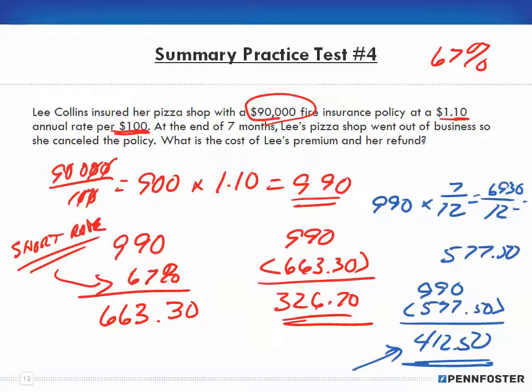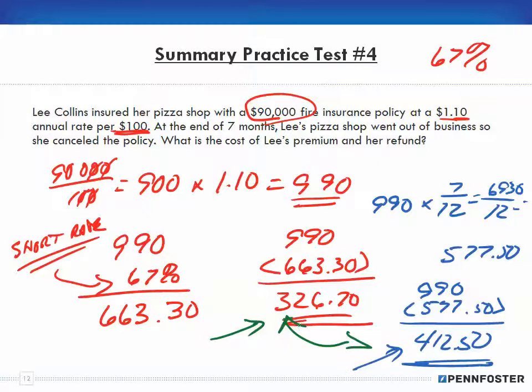Okay, so in this case, this is if the insurance company canceled the policy, let's say. And why would they do that? Well, let's say Lee had a fire hazard that wasn't corrected, so the insurance company has to cancel the policy. So they're going to refund the actual amount of the policy on a prorated basis that wasn't used. But when the policyholder cancels the policy, there's a difference between those two amounts, even though it's for the same period of time.